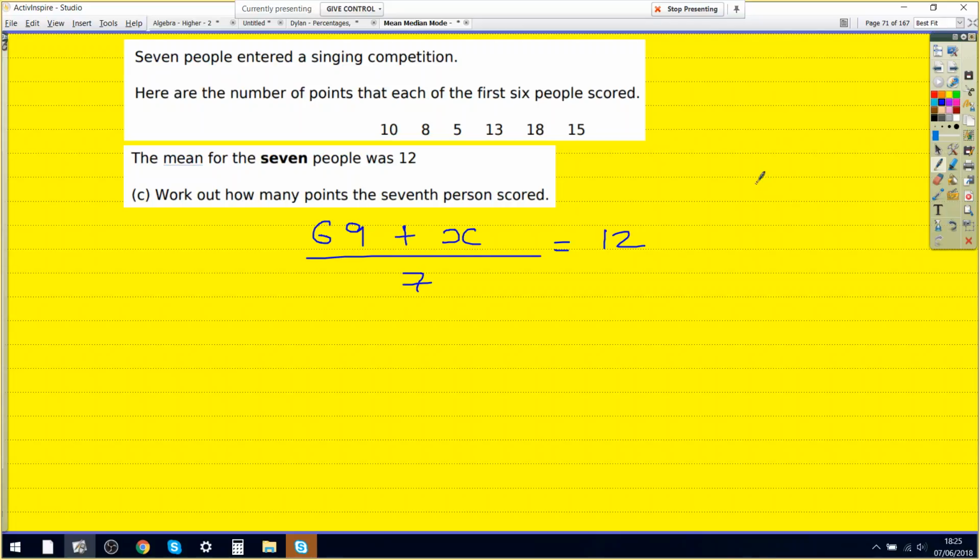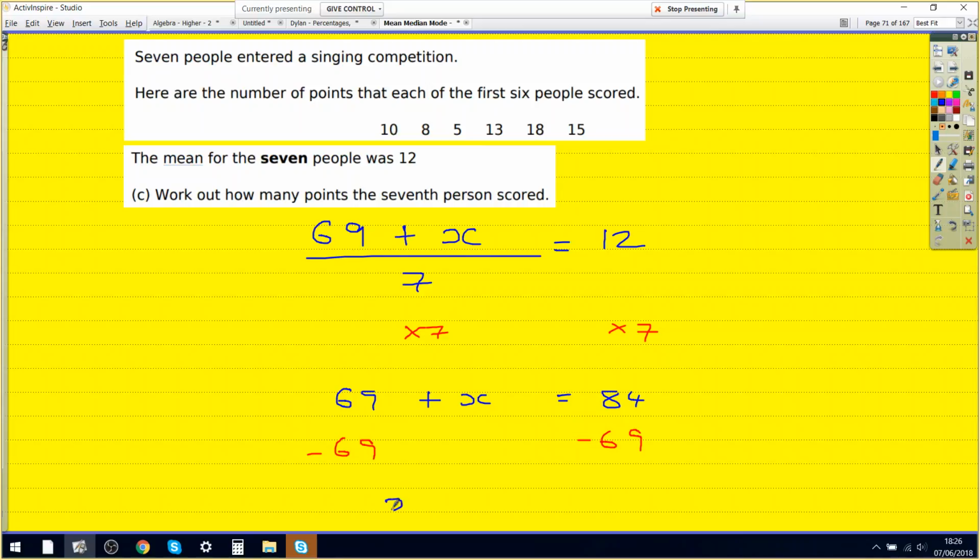Any idea how you work that out? 84? Well done. And so 69 plus x equals 84. So how do you figure out what x is? Take away 69 from 84. That's it. And what is that? That'd be 15. That's it. x equals 15. Any questions there?